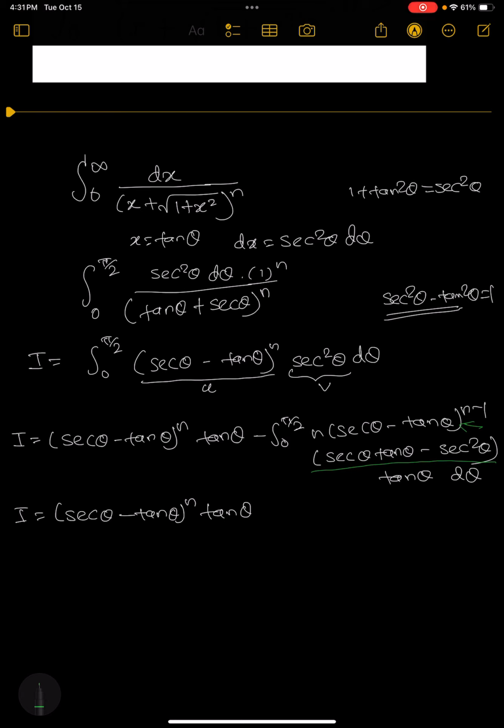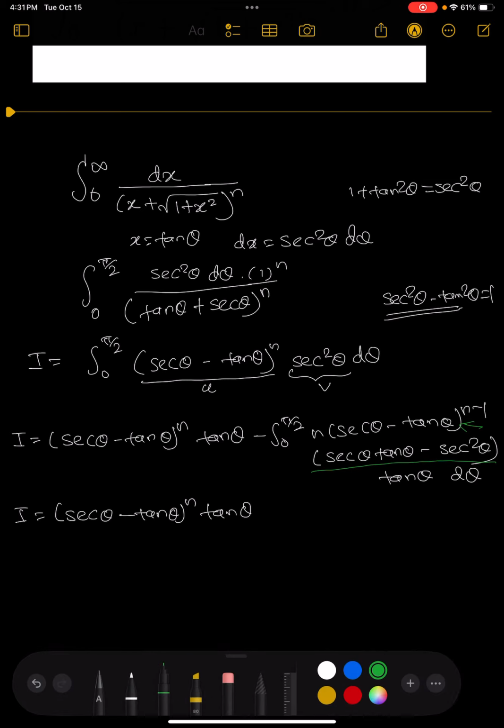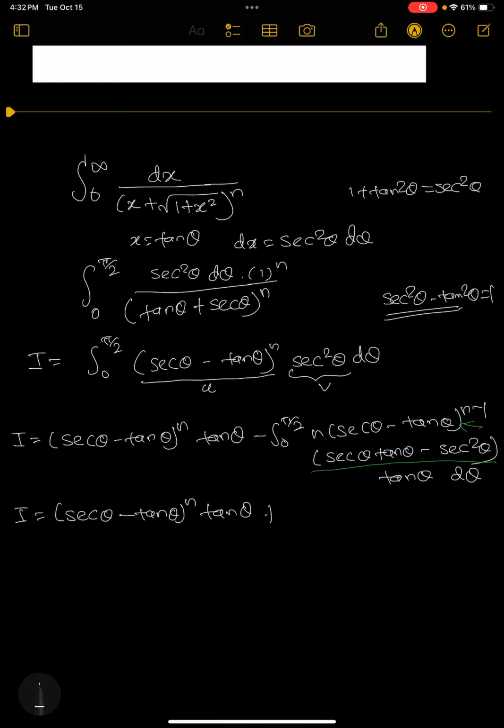So what I will get now is plus integral from 0 to pi by 2 of sec theta tan theta. What happened is the minus of sec theta went out and minus minus became plus, right? And over here there's sec theta minus tan theta, which when multiplied gives (sec theta minus tan theta) to the power n d theta, right?